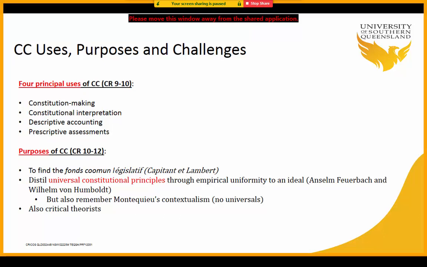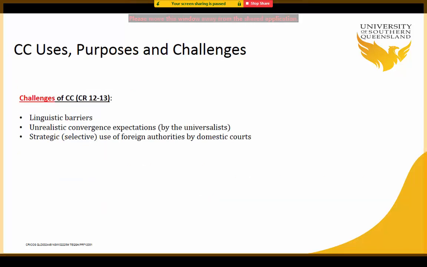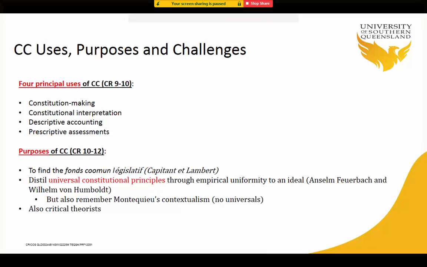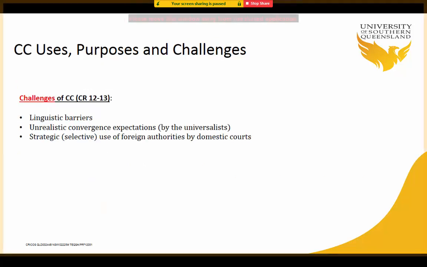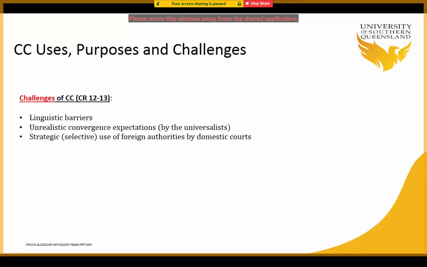There are only relativities, just like when we talk about ethical standards, for example. And remember that subsidiarity has an ethical component. And then the critical theorists that you are aware of, including the Marxists and the feminists and all of that. So this is what we mean by the purposes. You are criticizing what is in existence, the status quo, based on those theories.